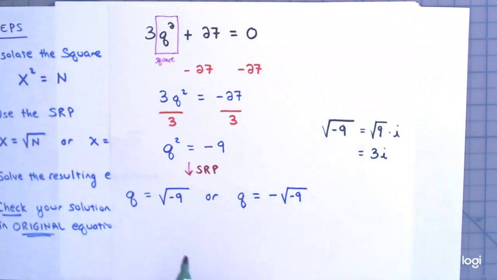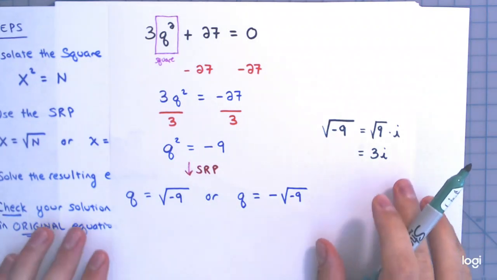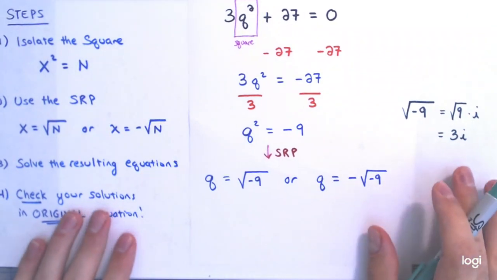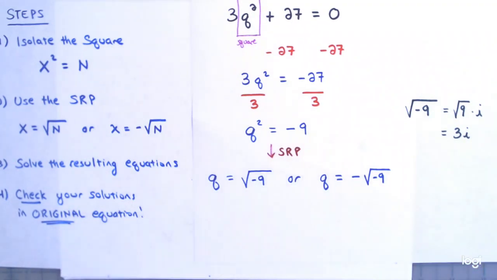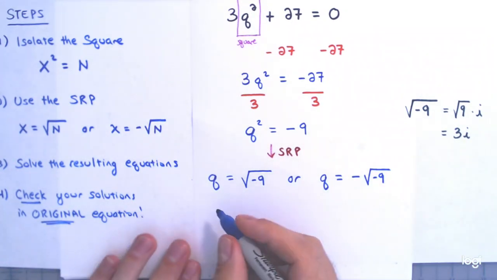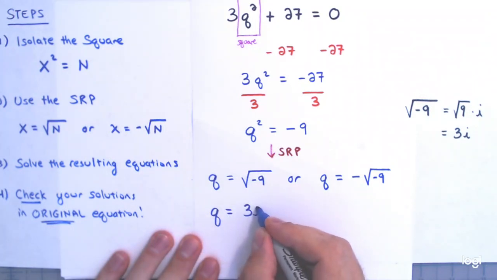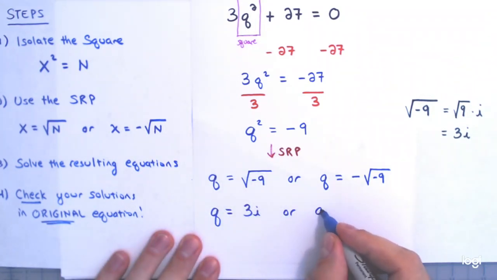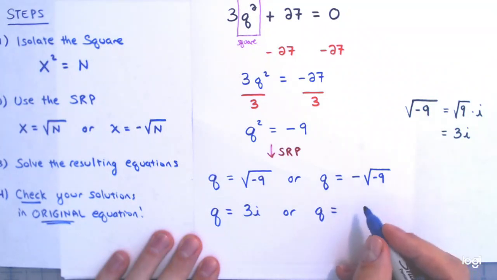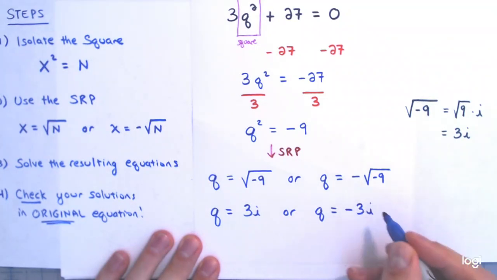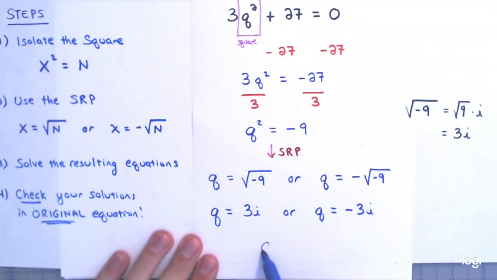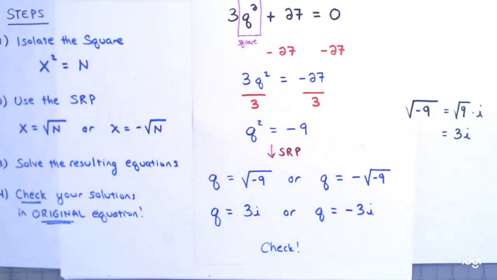So I'm going to replace the square root of -9 with 3i. So I'm getting q equals 3i, or q could be replaced by the opposite of that, -3i, and don't forget to check them.